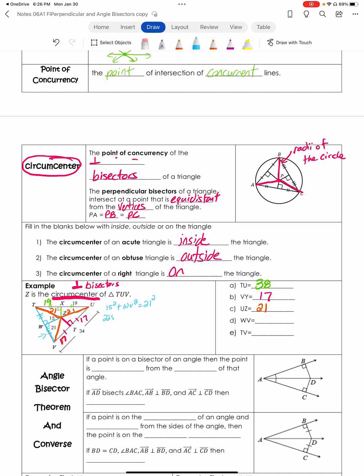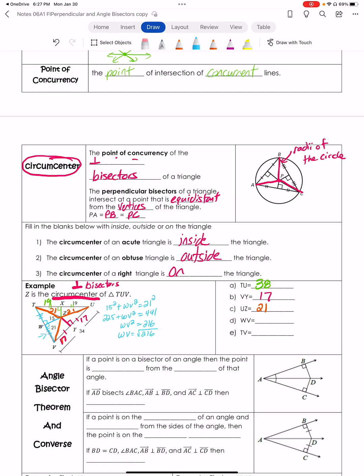So 225 plus WV squared is equal to 441. WV squared is equal to 216. WV is equal to the square root of 216.